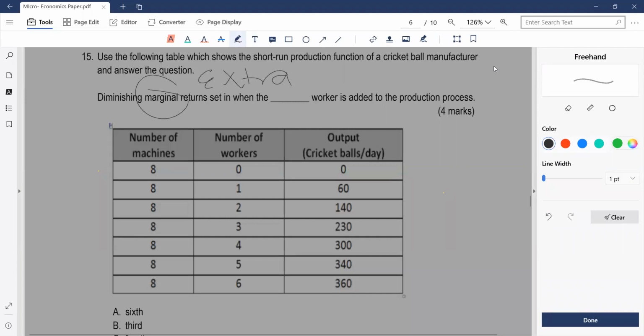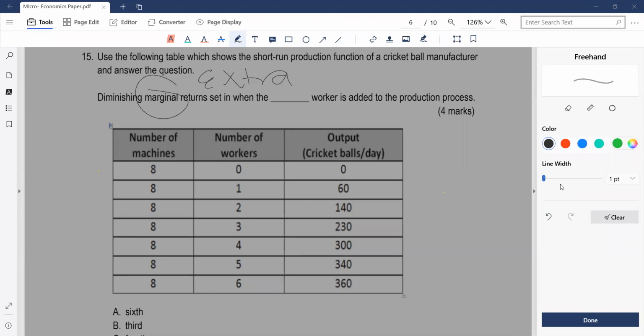Diminishing marginal returns set in when blank worker is added to the production.